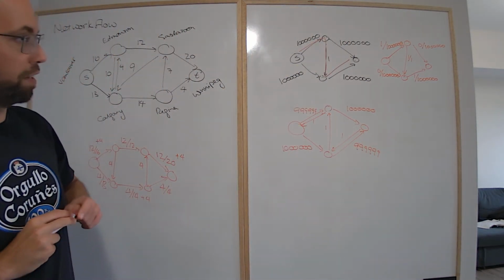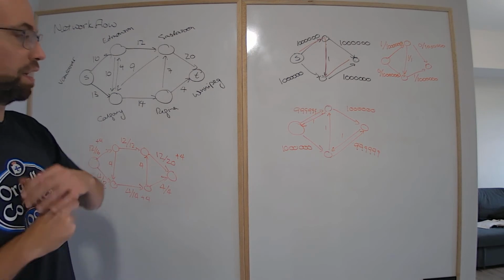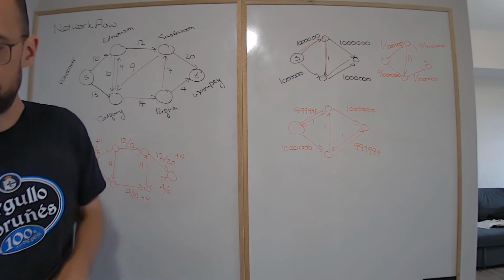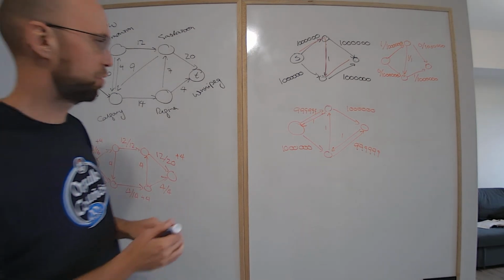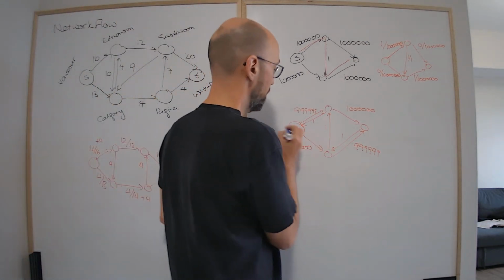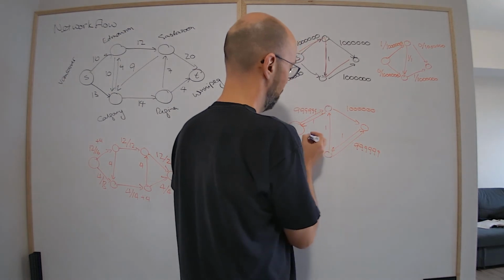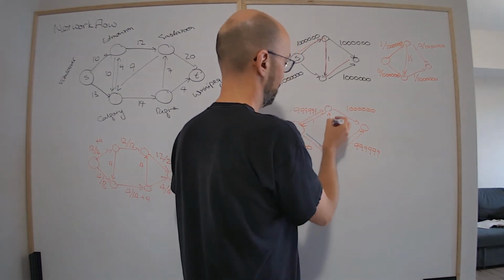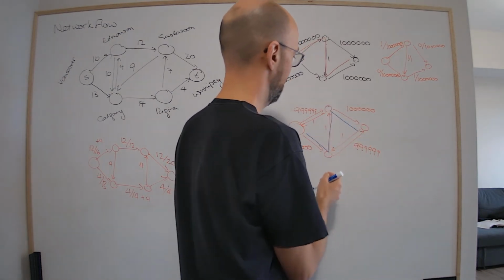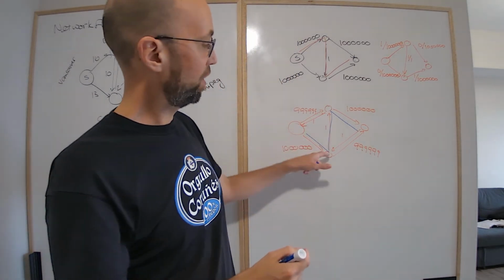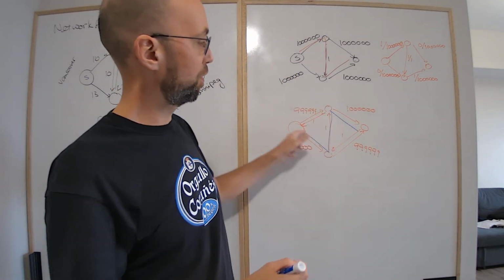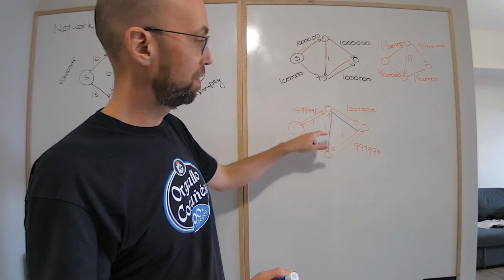So now, that's my new residual network. Can I find a path? Yes, I can. Sorry for my inconsistency with colors. I could find a path like this, but I could be unlucky or silly and find this path. So what's the minimum flow along this path? Well, it's 1.